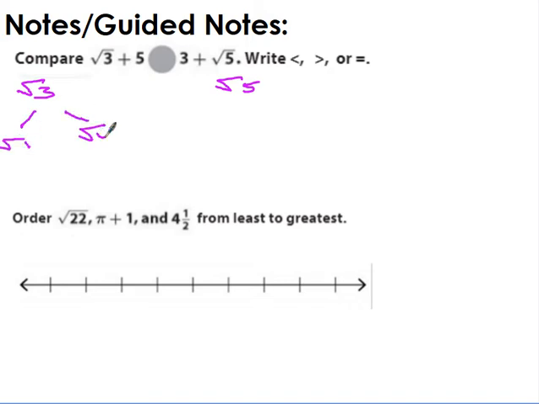I'm going to convert these all to decimals. That way, when I approximate, I can convert to decimal, do the addition, and then compare. Square root of 3, I know, is in between 1 and 4. It is definitely closer to 2 than it is to 1. It's 2 away, 1 away. It's 2/3 of the way over.